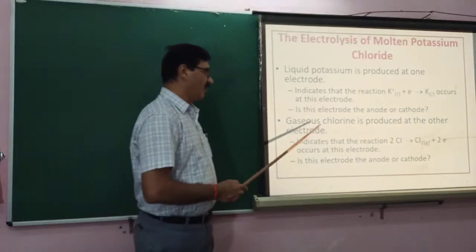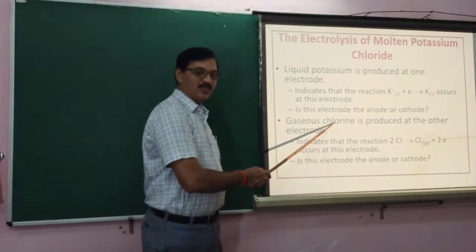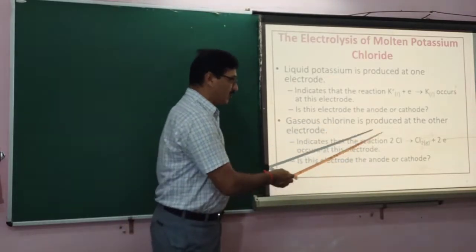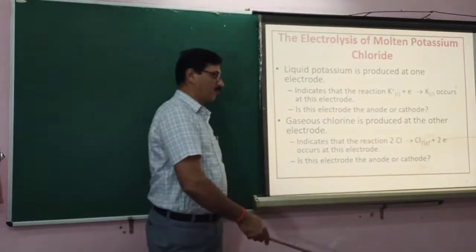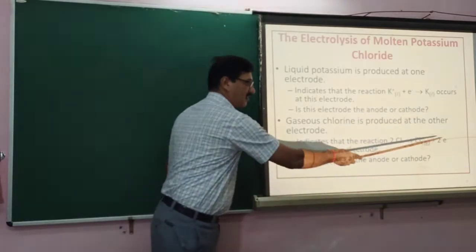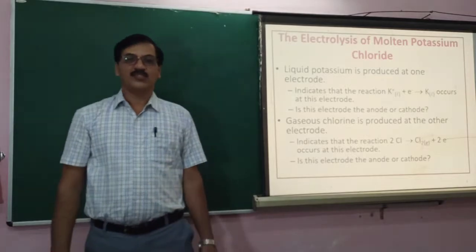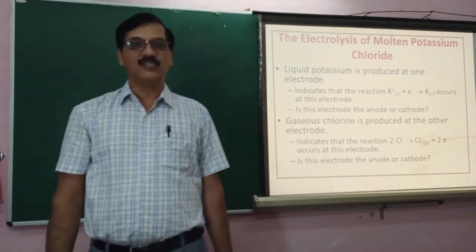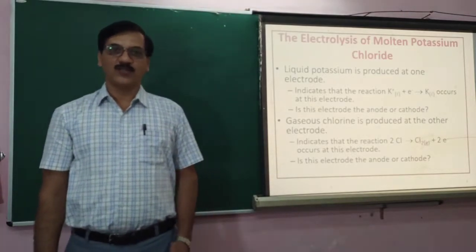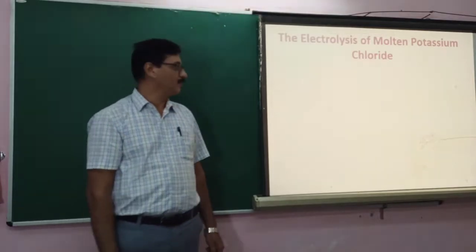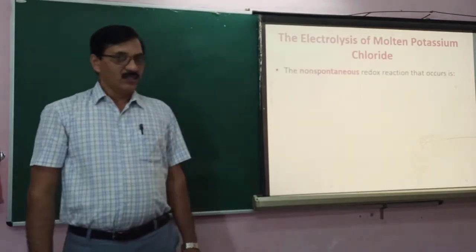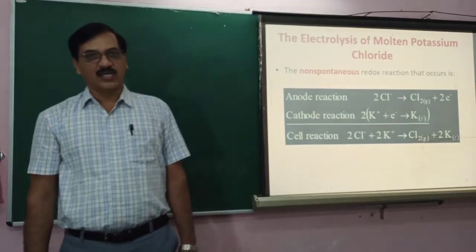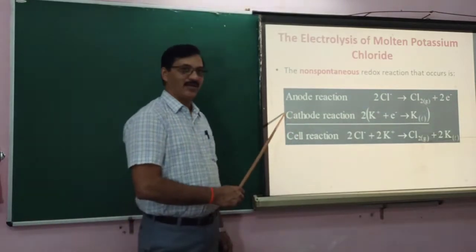Therefore, this is the cathode. And gaseous chlorine is being produced, as I told you. Since oxidation is taking place here, this is the anode. The anode is the electrode where oxidation takes place. Right? See, the cell reactions are depicted in this way.